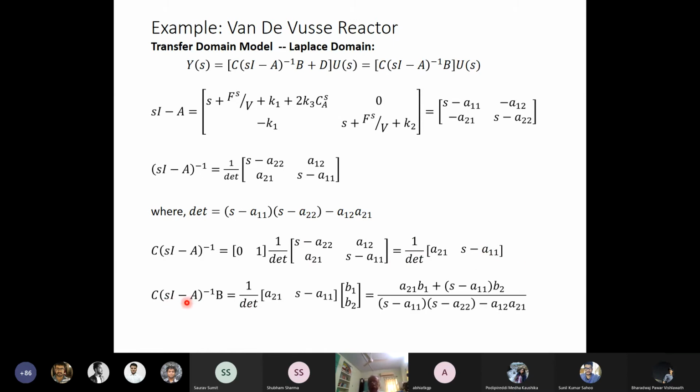So C(sI minus A) inverse B will be this component, which will be basically these equations. So I will get a transfer function form of Y(s) by U(s) in this form. Okay.